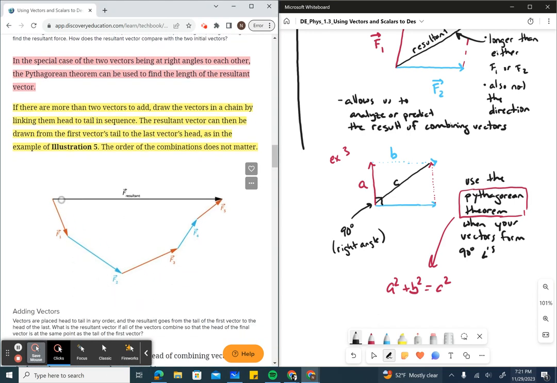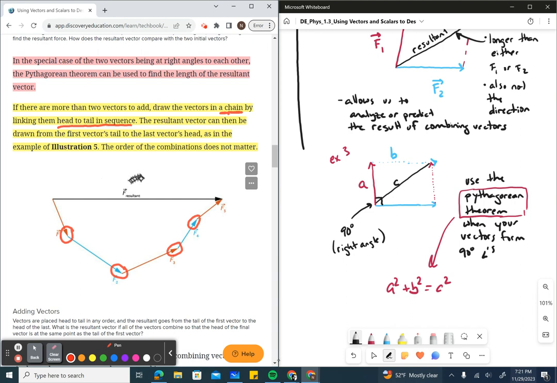Moving on. If there are more than two vectors to add, draw the vectors in a chain, linking them head to tail in sequence. Head to tail, linked to head to tail, linked to head to tail. And notice your resultant is going to start from the tail of the first and the head of the last.